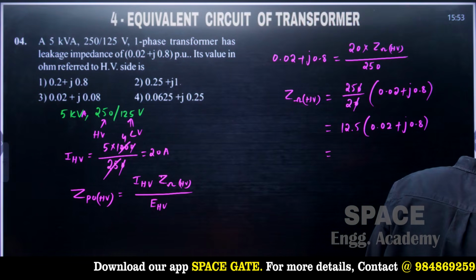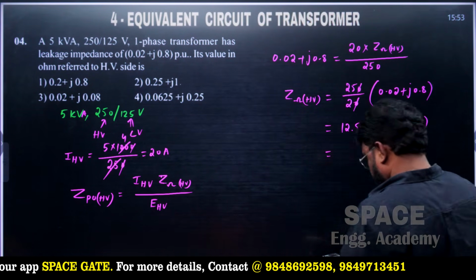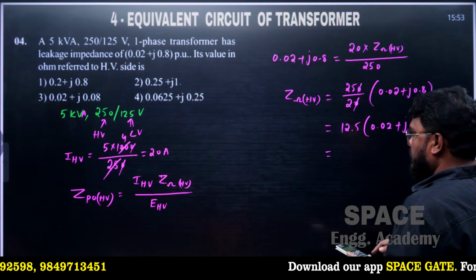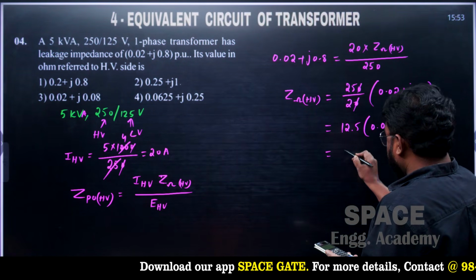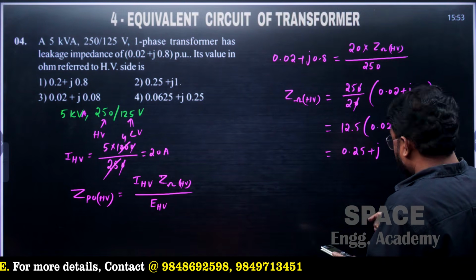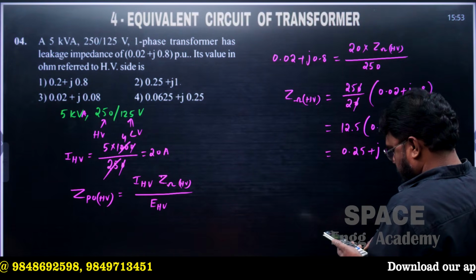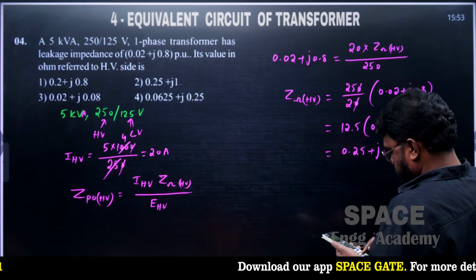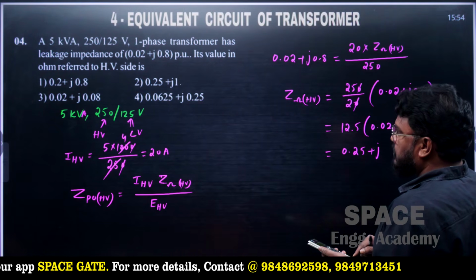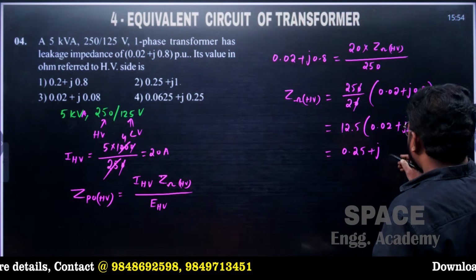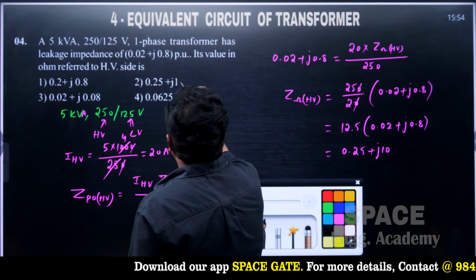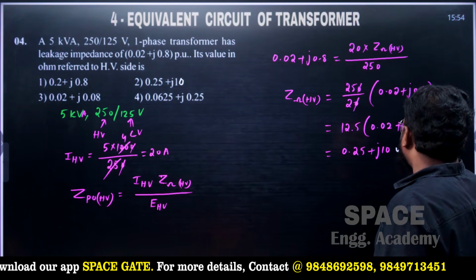By solving here we will get the exact answer. So this is 0.25 plus j 10 ohms.